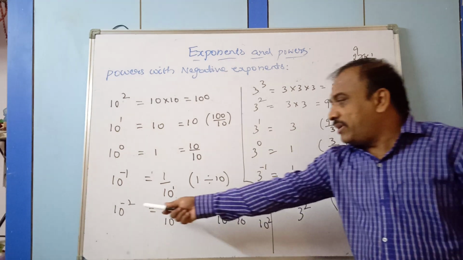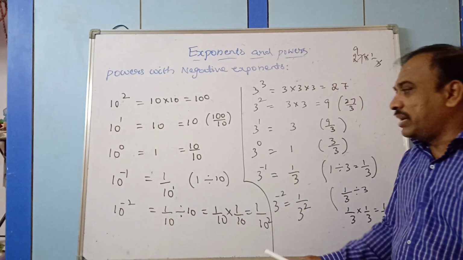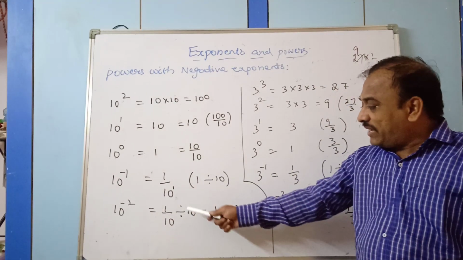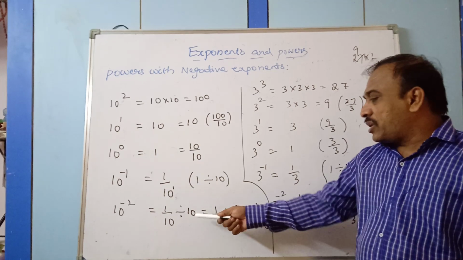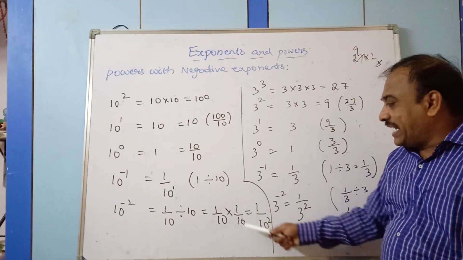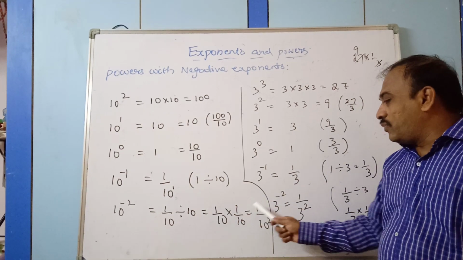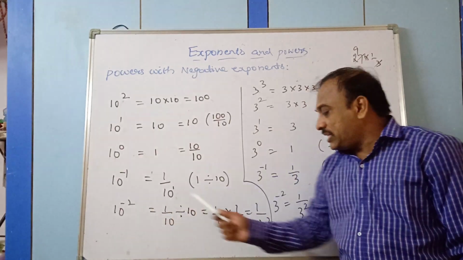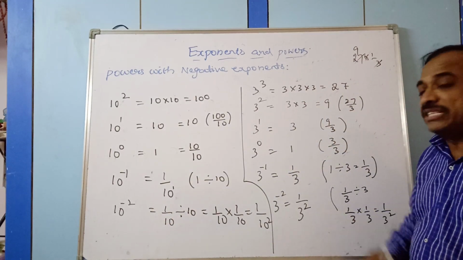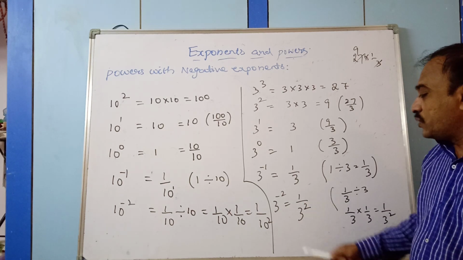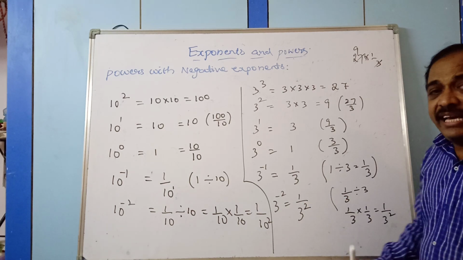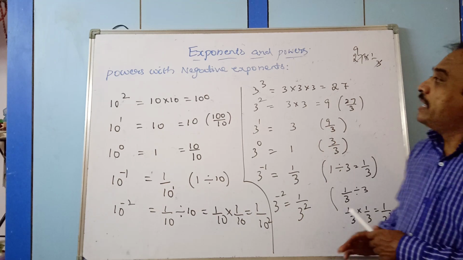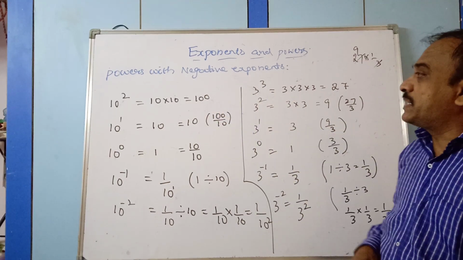And here also you see, 10 power minus 2 is equal to 1 by 10 divided by 10. So the reciprocal of 10 is what? 1 by 10. So 1 by 10 into 10, 10 square. So 10 to the power minus 2, we are able to express as 1 by 10 square. 3 power minus 2 is equal to 1 by 3 square. This is the powers with negative exponents.